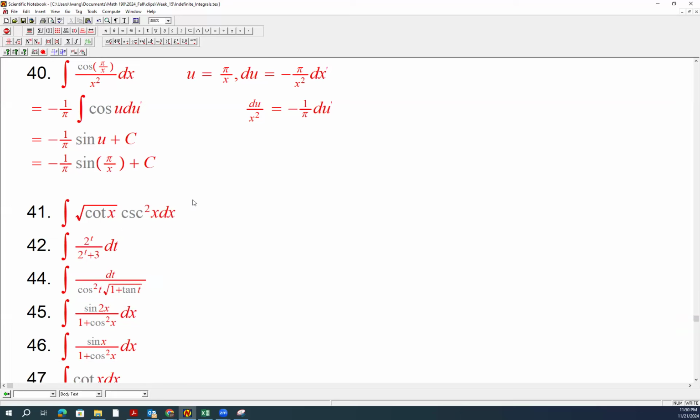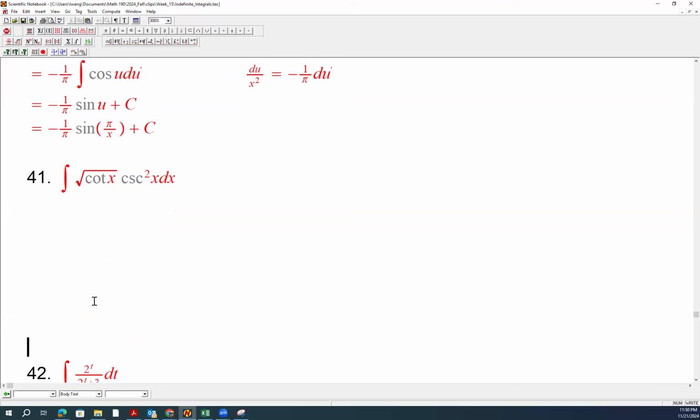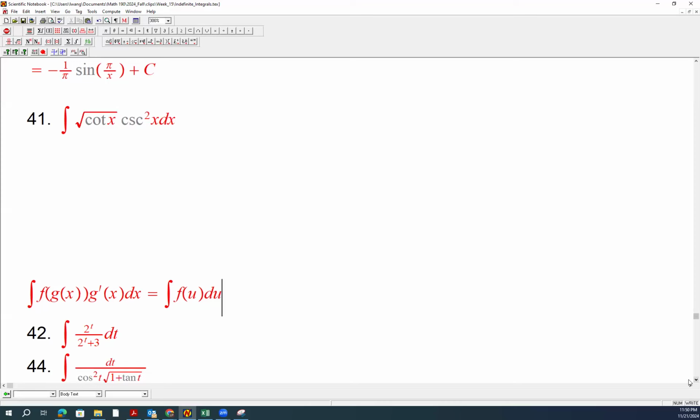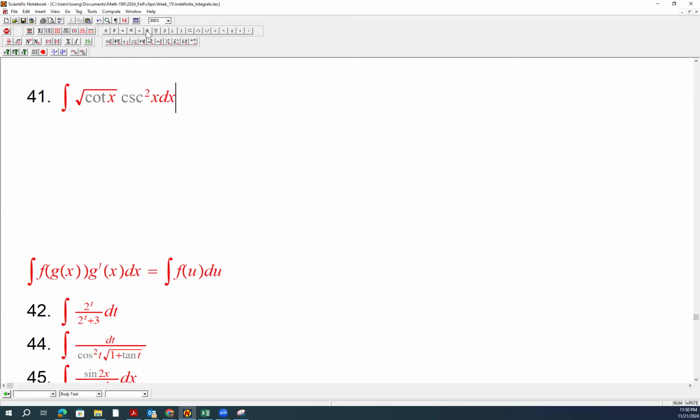All right. The next one, the substitution is also apparent. Okay, so we're going to use u equals cotangent x.